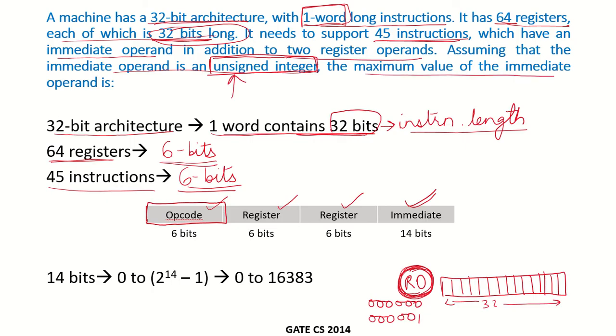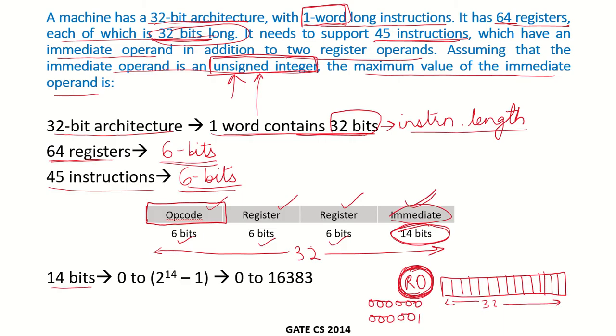So what is the maximum value of the immediate operand? The opcode is 6 bits and each register is 6 bits. Out of the 32 bits of instruction length, 14 bits will be left for the immediate operand. What will be the range of this unsigned integer?